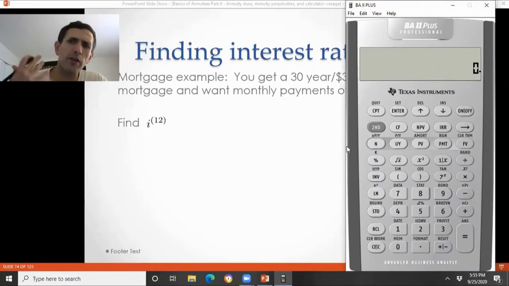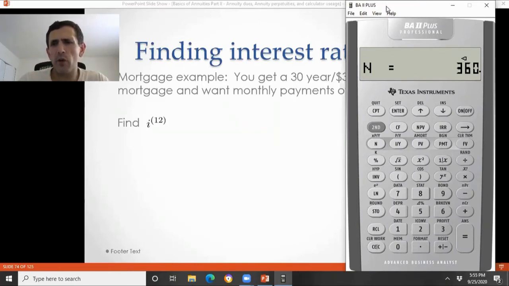So 30 times 12 is 360. So hit 360 N. N is the number of periods in my annuity. I/Y is the effective interest rate as a percentage. We don't know what it is. We're going to find that out in a second.